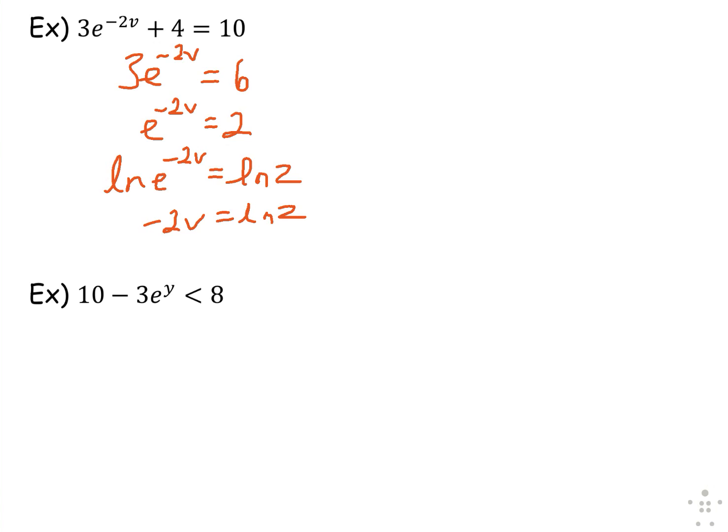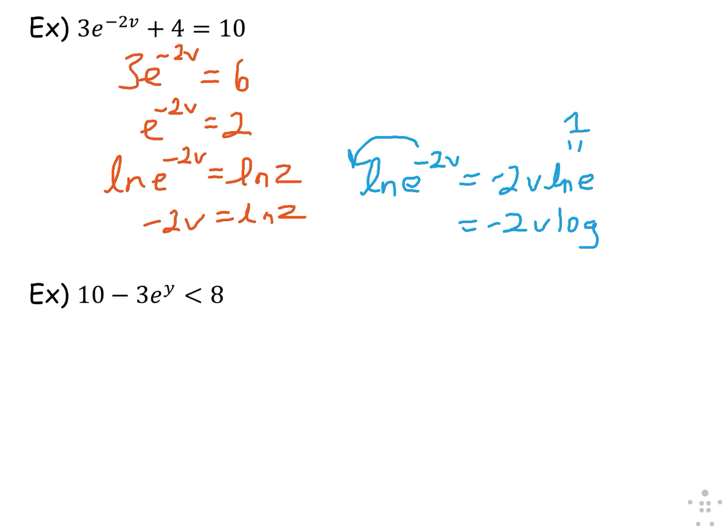Because, just to quickly remind you, the natural log of e raised to 2v power, I could either use the power property, bring that out front, and then remember that the natural log of e is equal to 1. That's a fact that you need to know. Or you could remember that the natural log is the same as log base e, and there's that inverse property. What do you raise e by to get e? Just 1. So this is all 1. And that's why on the left-hand side we just get negative 2v.